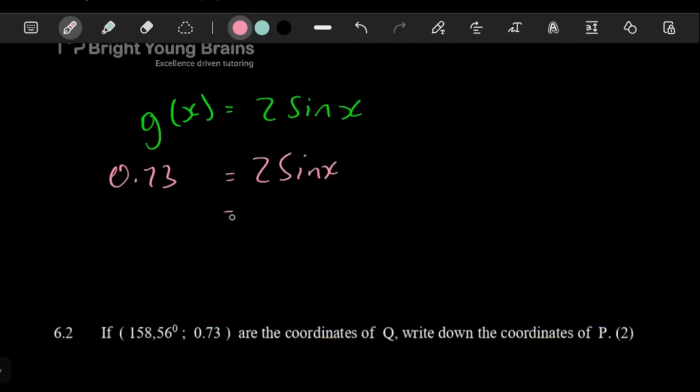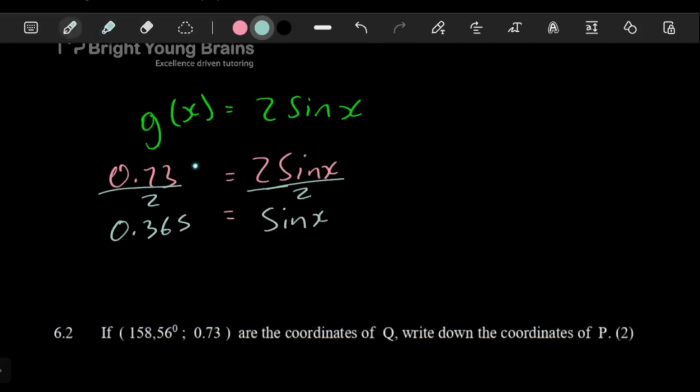Solving for x, we're going to divide both sides by 2. So 0.73 divided by 2 is 0.365, equal to sine x.